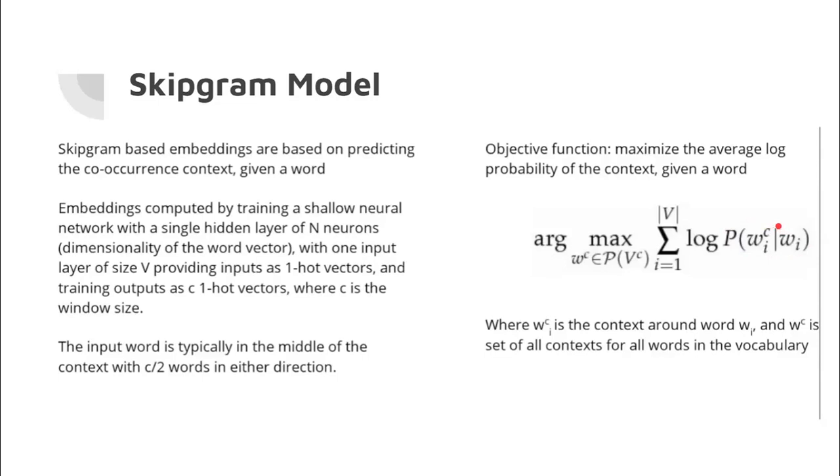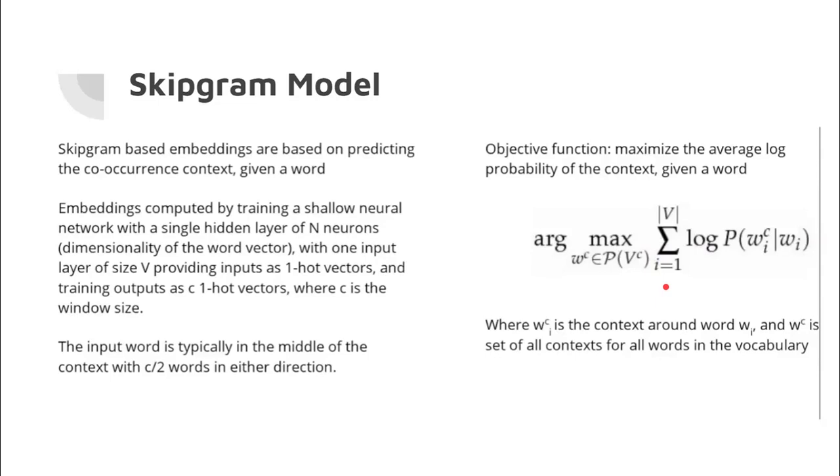So given the word think, if think has already appeared, what are the chances that the neighboring word would be therefore? We will take that probability value, multiply it with the log value of it, and summate over a large number of different examples.